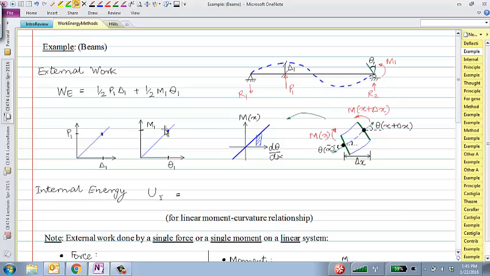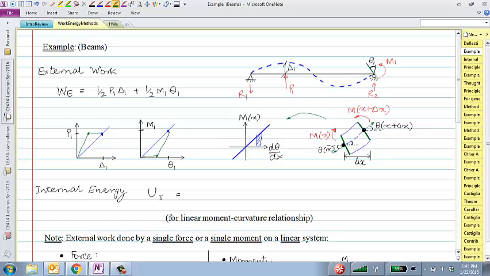And just like the previous case, when I had P1 and P2, it doesn't matter in which order I apply. Let's say I apply P1 first, it reaches this point, and during that M1 is constant, and then I apply M1 during which P1 is constant. That's an alternate path to the same point.